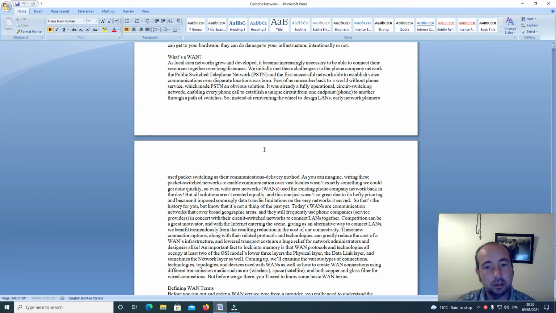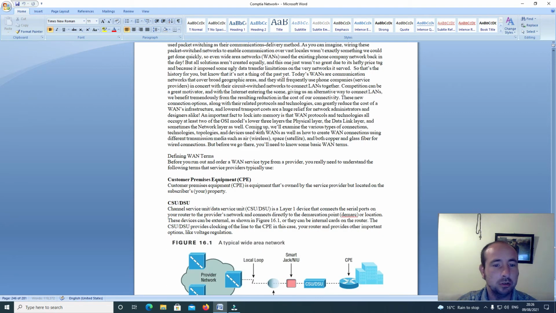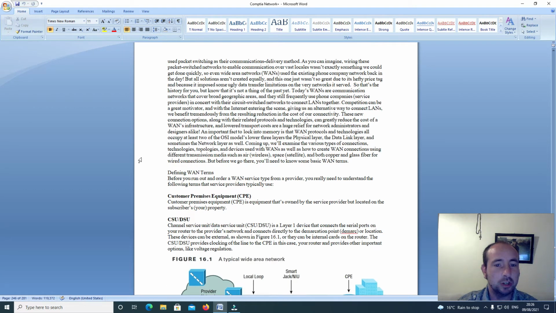It was already a fully operational circuit switching network, enabling every phone call to establish a unique circuit from one endpoint phone to another through a path of switches. So instead of reinventing the wheel to design LANs, early network planners used packet switching as their communications delivery method.